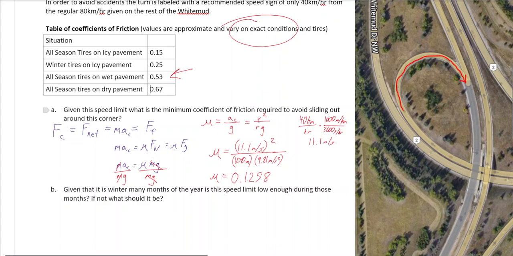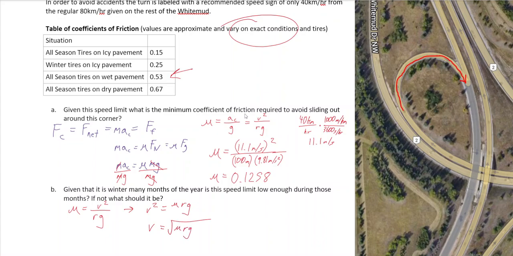So if we wanted to, we could plug in and work the other way around from this equation. If we solve for v, using our 0.15 as a coefficient of friction, this should turn into v squared equals mu r g, and then square root both sides.